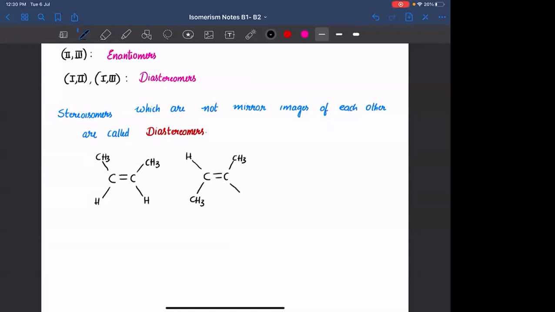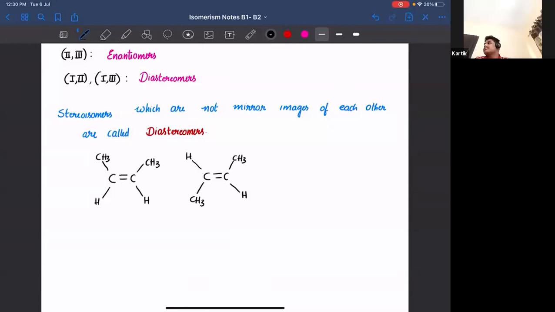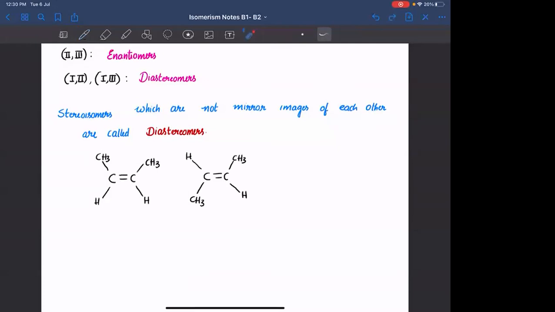Cis and trans, everyone, are these two mirror images of each other? No, sir. No, right? They are stereoisomers. So they are fitting in this particular definition. Stereoisomers which are not mirror images of each other, they also can be called as diastereomers. तो ये जो cis and trans है, they also form example for diastereomers.